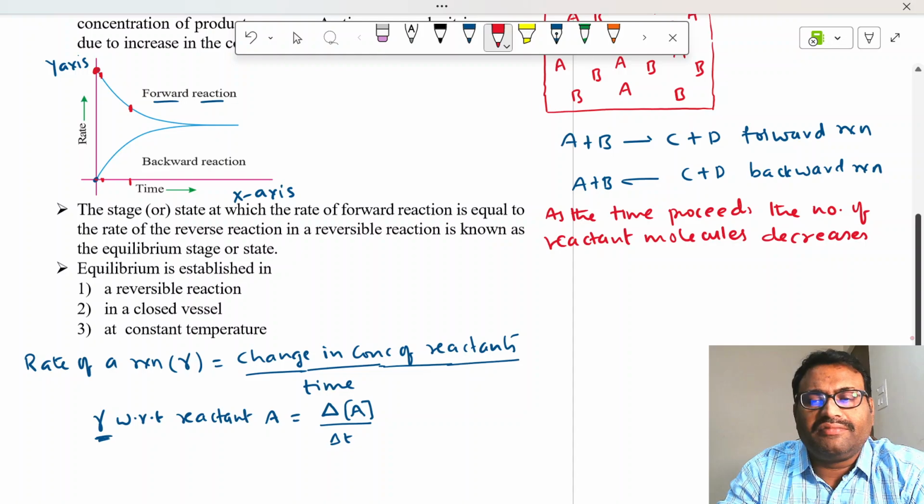Okay. So as the number of molecules decreases, the reacting reactants decrease.